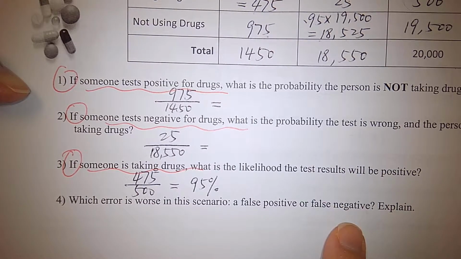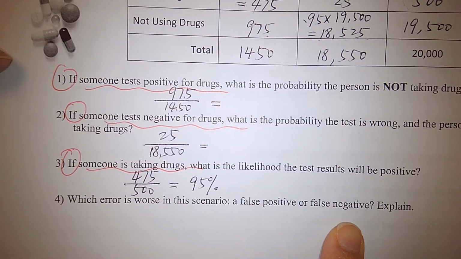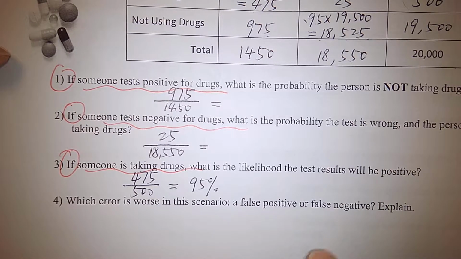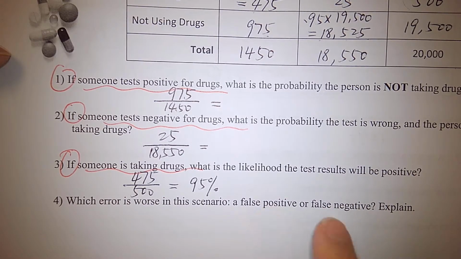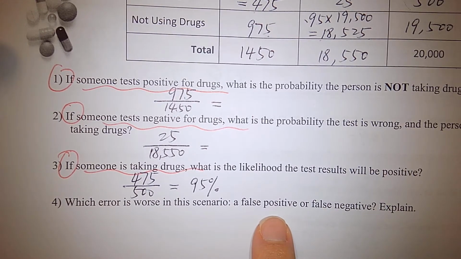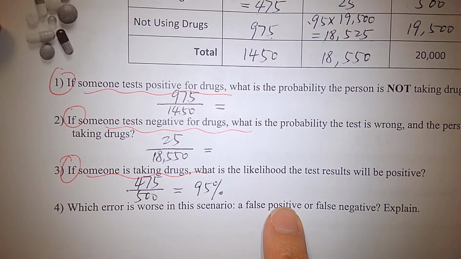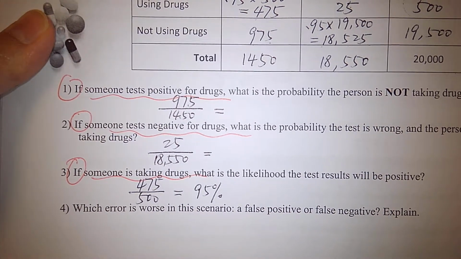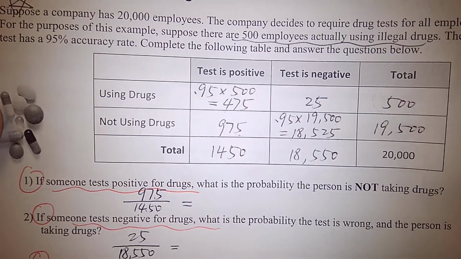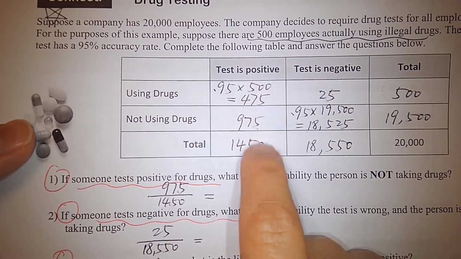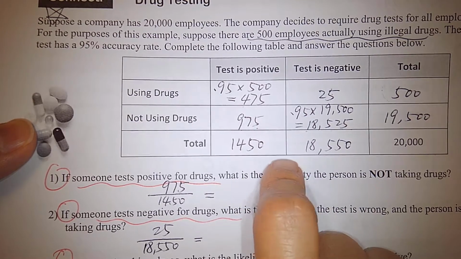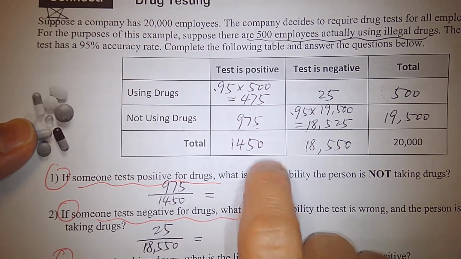Some people say false negative is more dangerous because you have something, but it turned out you're fine. Just like HIV, right? Well, this is not HIV, but a drug question. So whatever you answer in question 4, you should be counted correct. All right, so this is a drug problem. Is that good for the drug problem, everybody? You have to know how to fill out a table similar to this in order to do your assignments, all right?